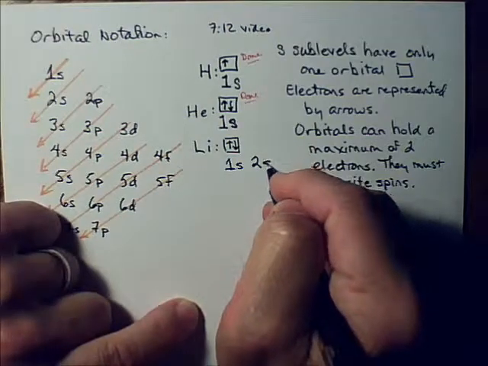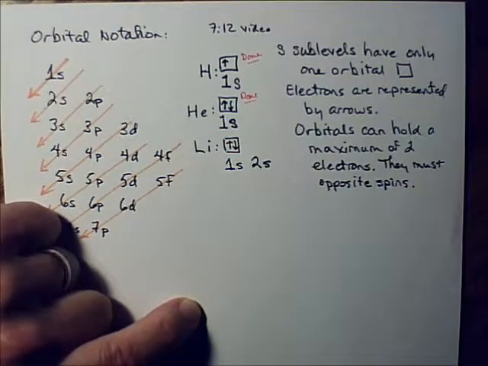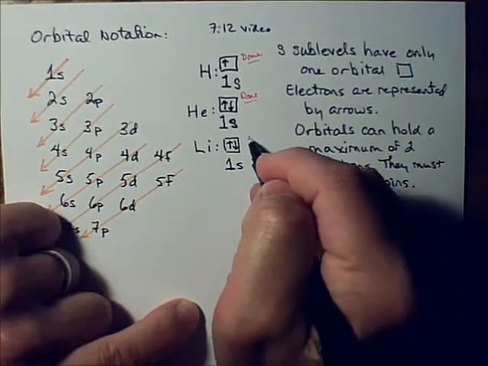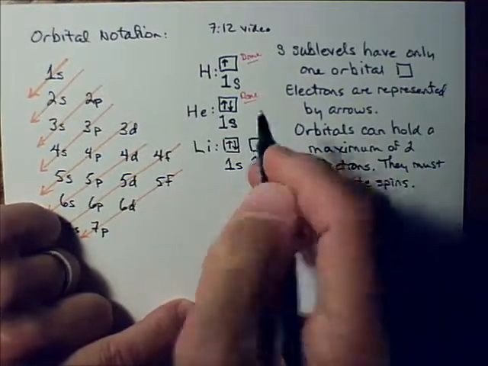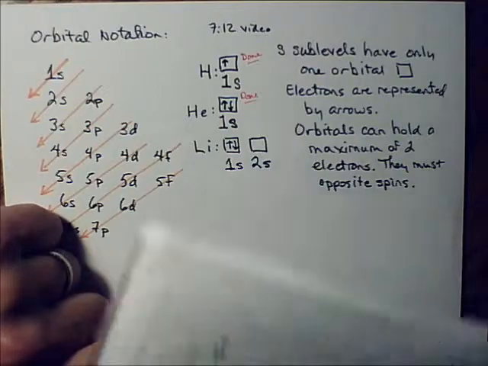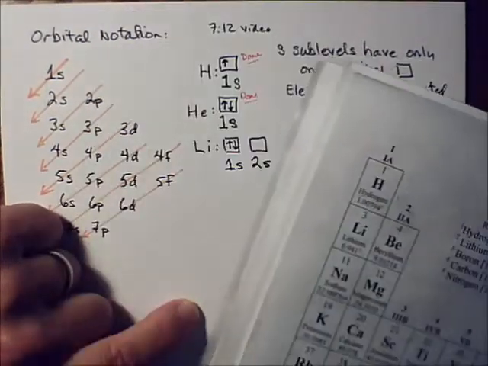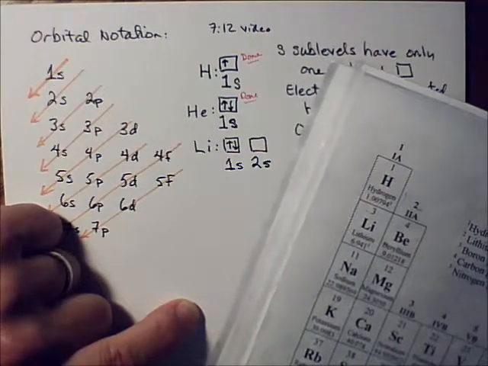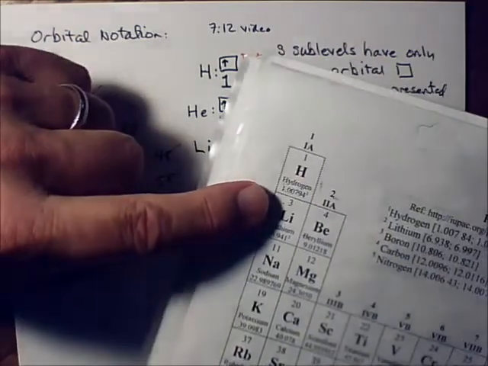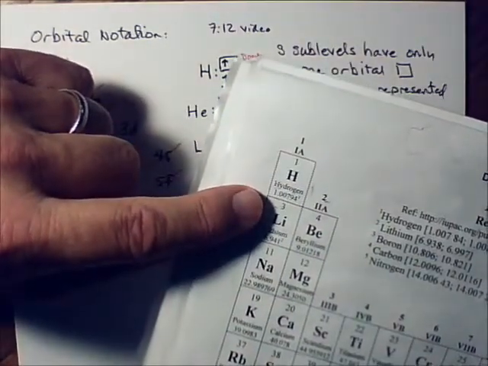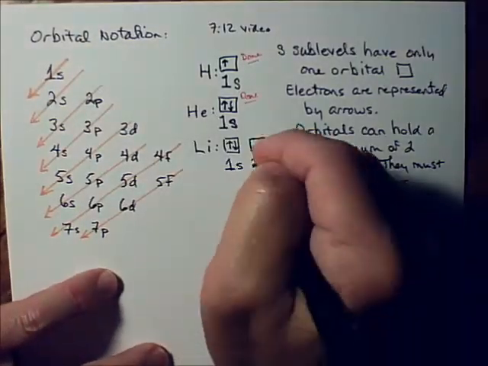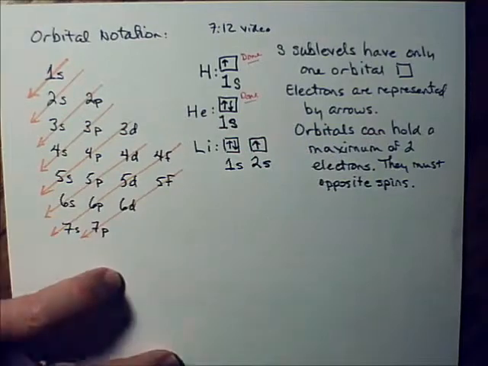It's still an S. How many orbitals can you have in an S sublevel? Just one. And if I'm going to have all the electrons that lithium needs, how many more electrons do I need than I have right now? I need one more. It's got 2 now. I need to have 3 electrons to correspond to those 3 protons shown by the atomic number. So I just need 1 electron with an up spin.